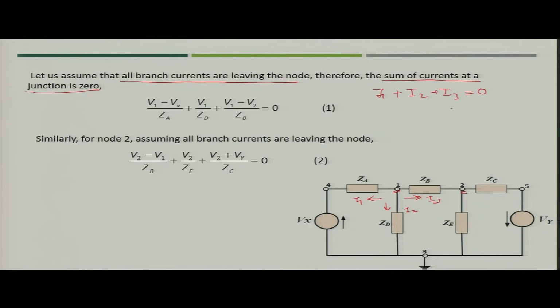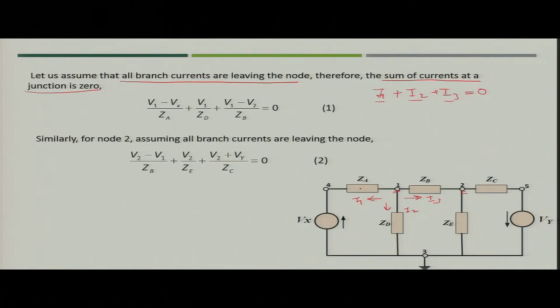Now, you have applied KCL. Next, you have to put in the values of I1, I2 and I3. I1 would be the voltage difference between V1 and V4 divided by ZA. V4 is nothing but Vx, because Vx is connected between node 4 and node 3.